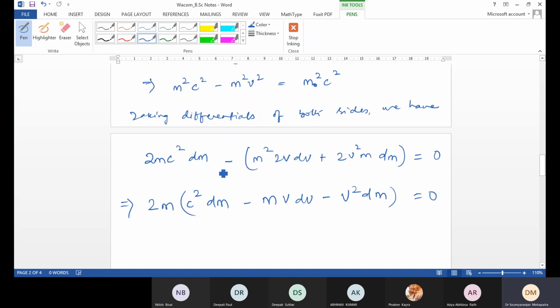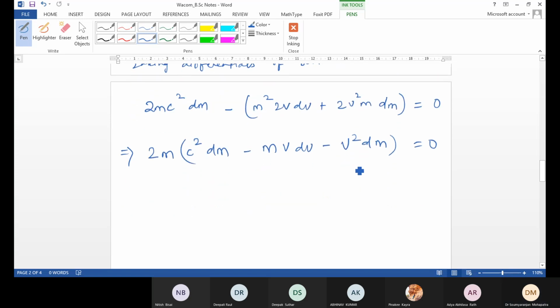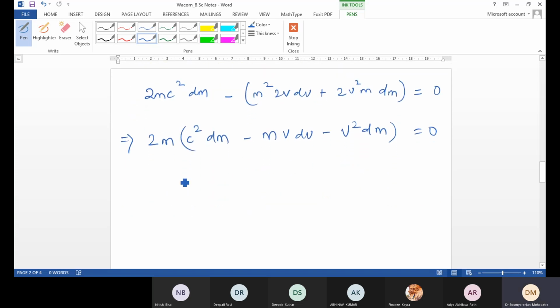I'm taking 2m common from all. This implies c square dm minus mv dv minus v square dm equals 0.